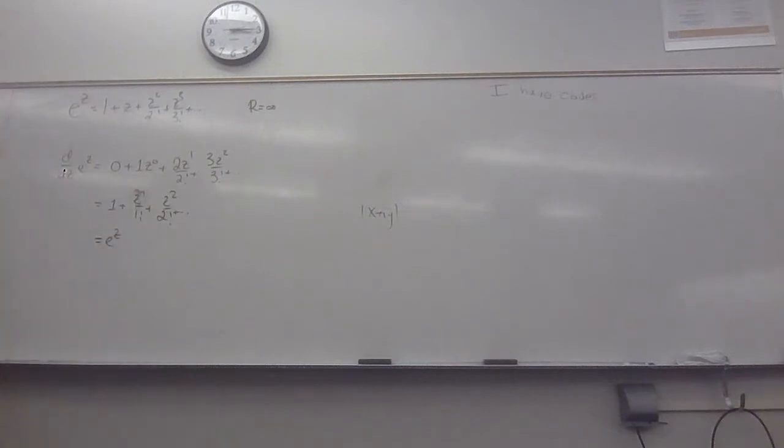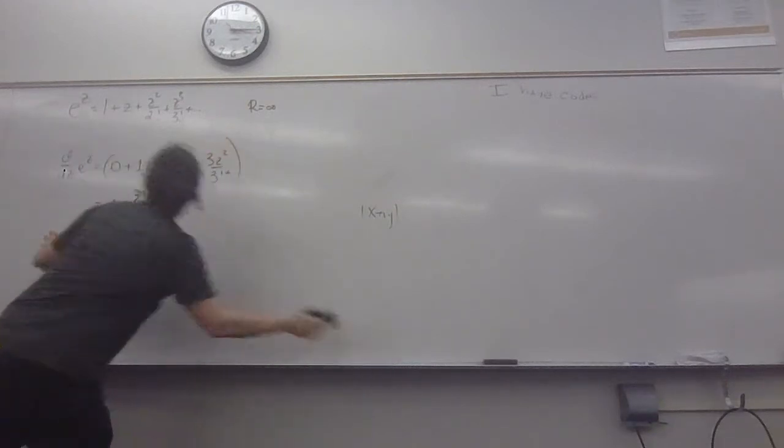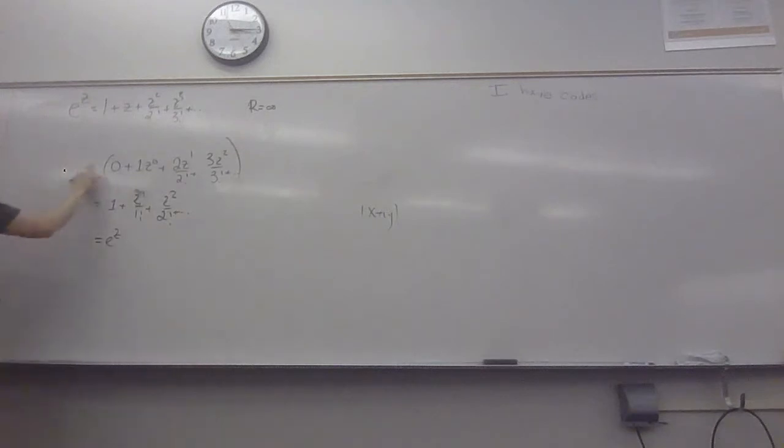However, we have not actually done what you think we did. We didn't do this; we did this. We showed the derivative of the power series is equal to e to the z. But d by dz of e to the z means something different.